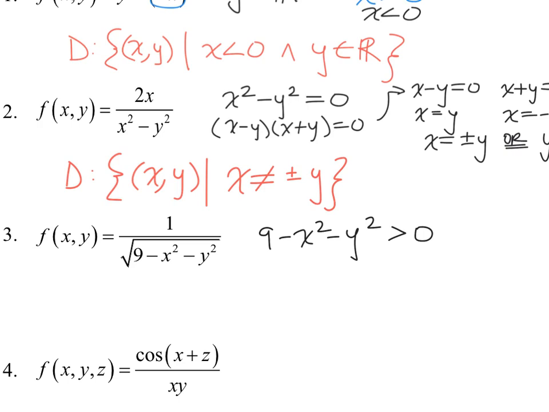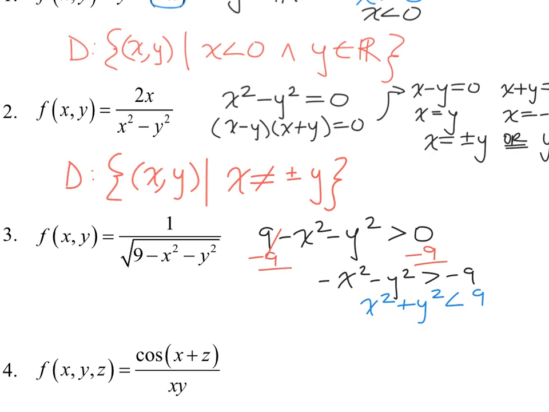All right? Really, the only thing that you can do for something like this would be to move the 9 over and negate both sides. So I have negative x squared minus y squared greater than negative 9, but when I negate both sides, I'm going to get x squared plus y squared is less than 9.